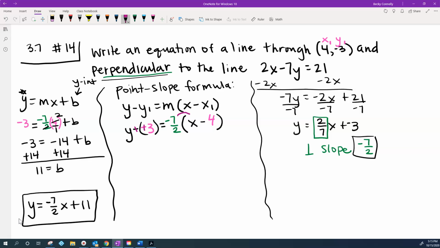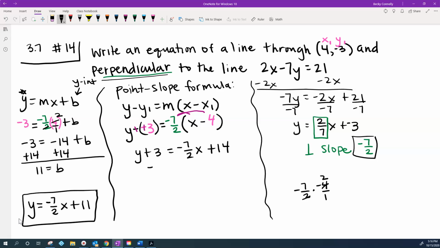And then I need to distribute that -7/2 through. So that will give me y + 3 = -7/2 x, and then -7/2 times -4 is what I have there. 2 will divide into 4 twice, and -7 times -2 is going to be a positive 14.